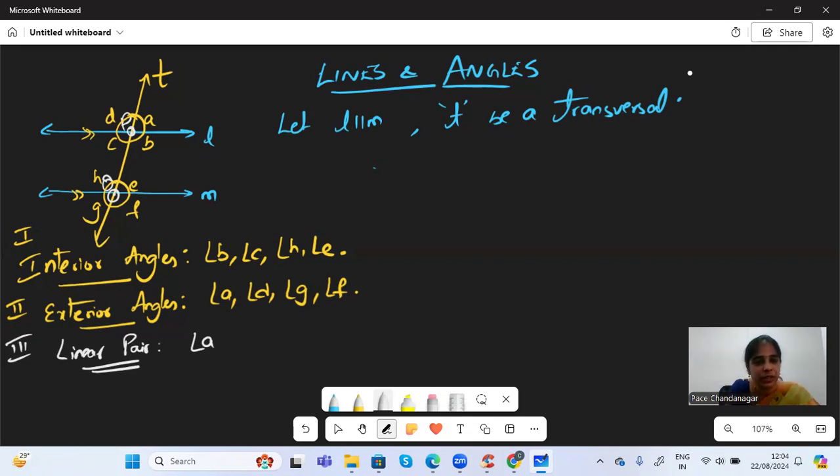So angle A and D are adjacent along a straight line, hence they form a linear pair. So angle A plus angle D is equal to 180 degrees.